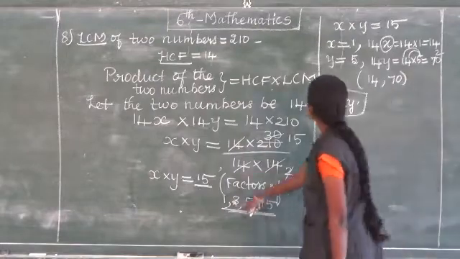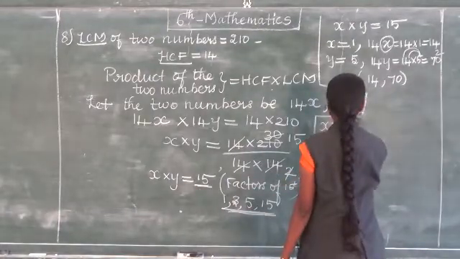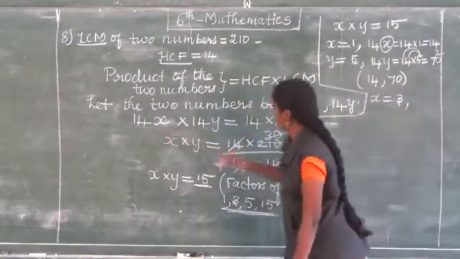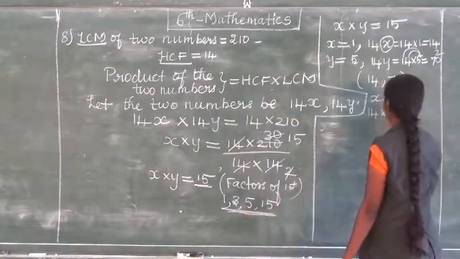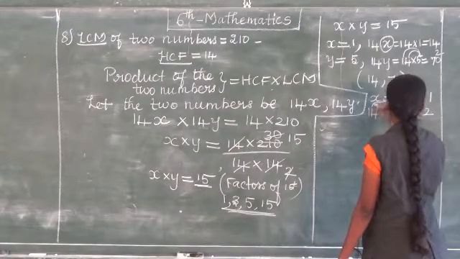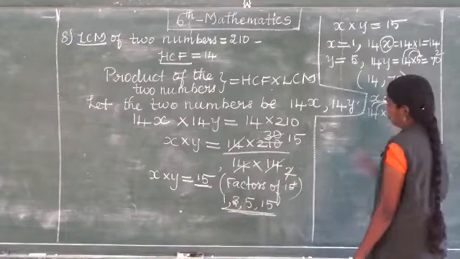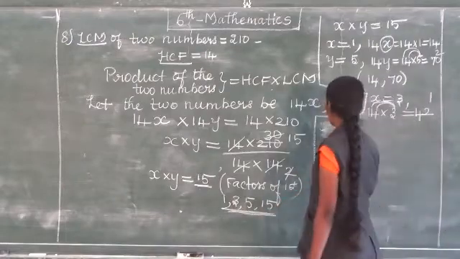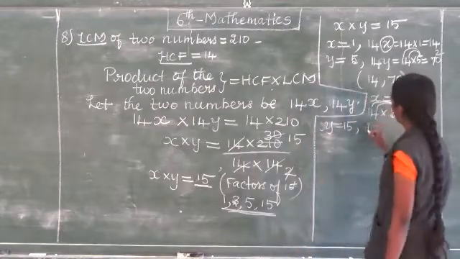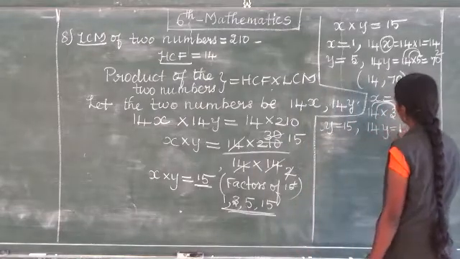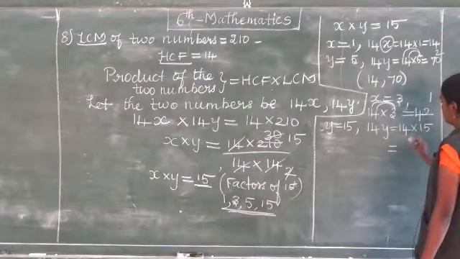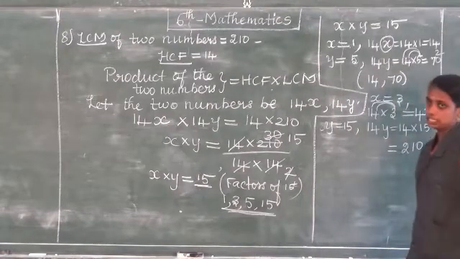For the other pair, I take the x value as 3. Then 14x is 14 into 3, which is 42. If I take the y value as 15, 14y is 14 into 15, which is 210.